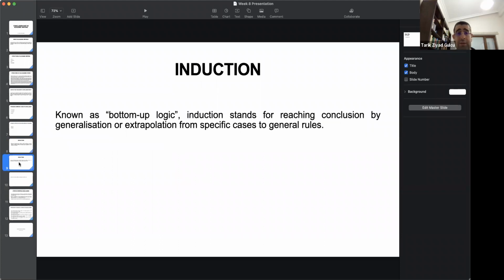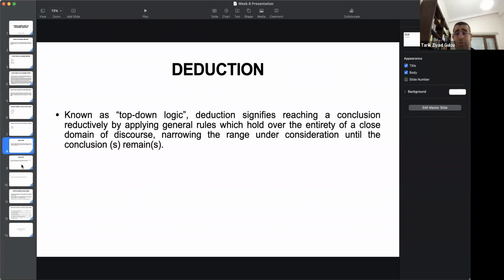And induction, known as bottom-up logic, stands for reaching a conclusion by generalization or extrapolation from specific cases to general rules. So based on these two items, induction and deduction, which one is used in the conclusion part?